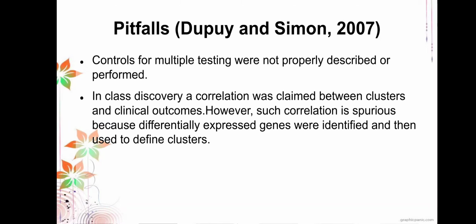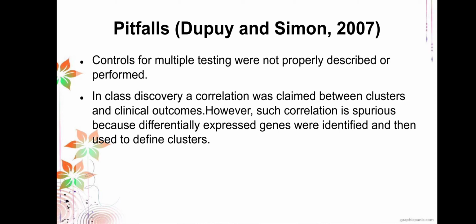In class discovery, a correlation was claimed between clusters and clinical outcomes. However, such correlation is spurious because differentially expressed genes were identified and then used to define the clusters. So when you do cluster correlations, is the correlation erroneous or not? Is a correlation really logically sound?